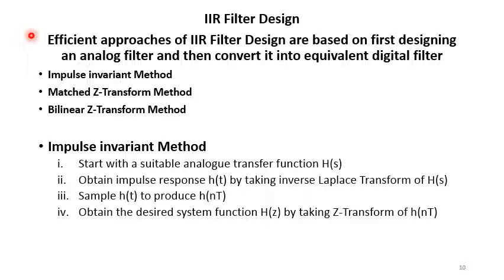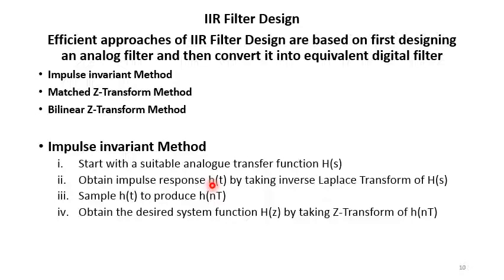Starting with a suitable analog transfer function, which we represent by H of s, where s indicates that we are in the Laplace domain, we then obtain the impulse response h of t by taking the inverse Laplace transform of H of s. So once we do this, we get the impulse response of the filter we need.